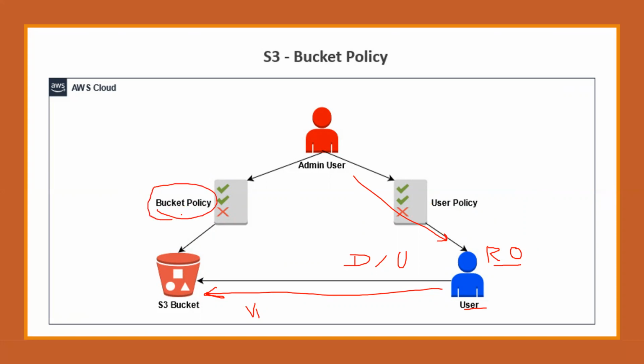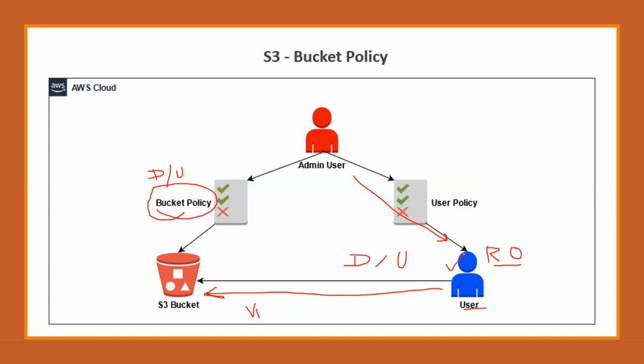With the bucket policy, we will create the bucket policy on the S3 bucket, and we will give delete access and upload access in the bucket policy. Both things we will include in the bucket policy, for this particular user.